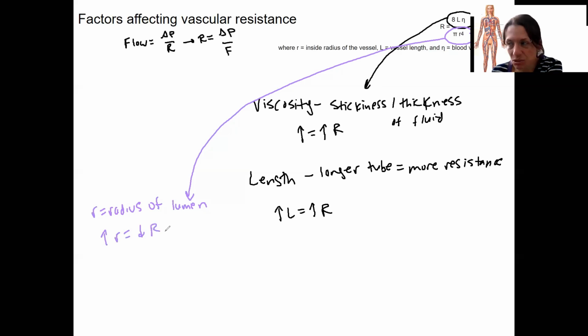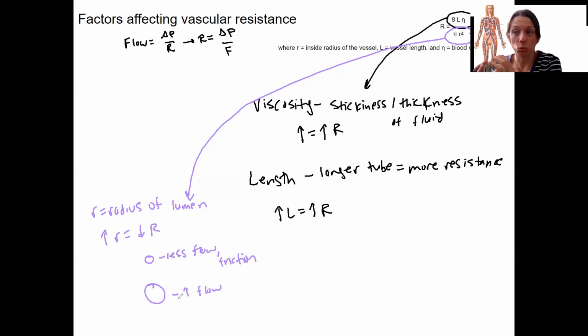And that makes sense, right? This should be somewhat intuitive. As you have a constricted tube, you have less flow. This is due to friction. A larger tube is going to have increased flow. There's less friction. It also depends a little bit on the volume in there, but just given bigger or smaller.